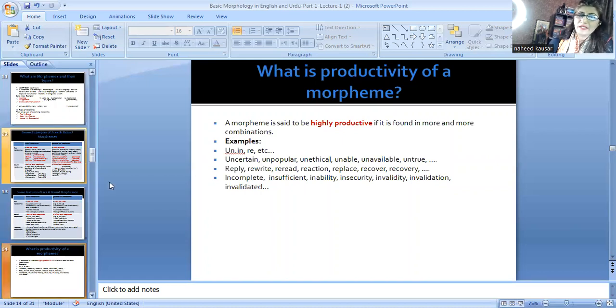For examples, we usually see that most words have morphemes like un, in, re, etc. You can create a long list of words containing these morphemes, but I have sorted out just a few examples for your learning: the words uncertain, unpopular, unethical, unable, unavailable, untrue, and so on.